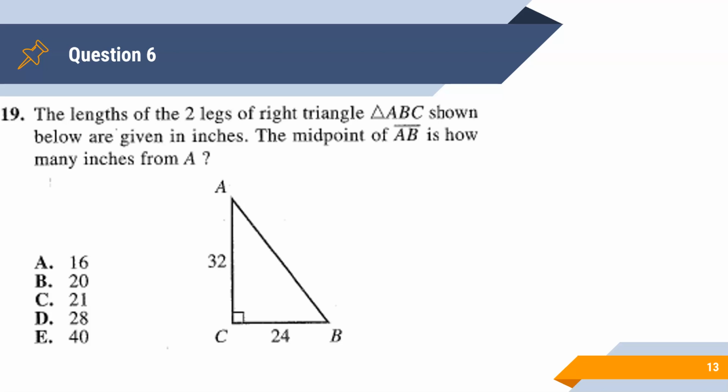Okay, this one's similar. The midpoint of AB, so the midpoint, is how far from A? How long is this? Well, this is drawn to scale. So I think we can safely eliminate 40, right? Because we know, heck, 32 is how long this piece is. And yeah, there's no way that's 40, okay?